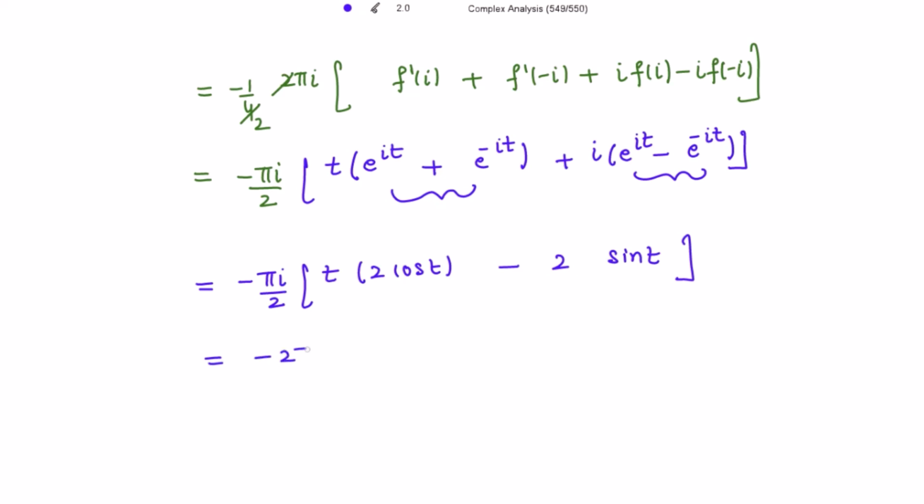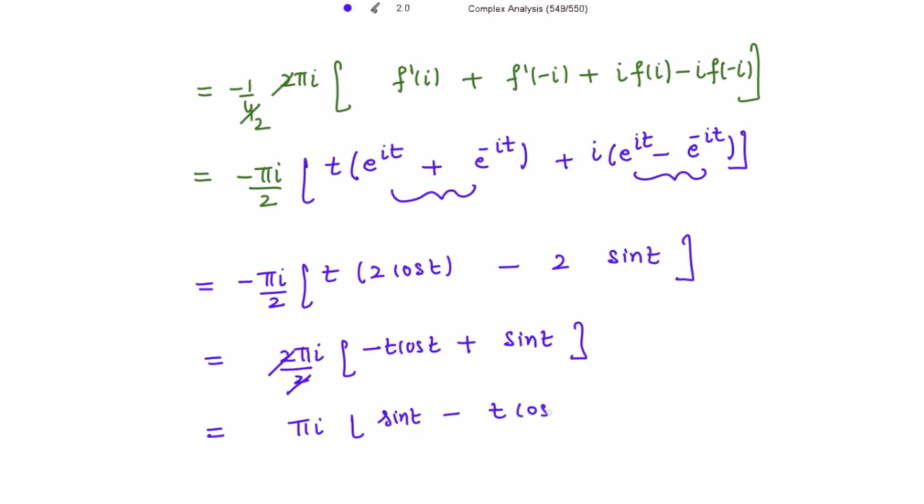So this is minus 2 pi iota divided by 2, and it is t cos of t minus sine of t. So these two cancelled out with this. Let's take minus inside. So we have here negative sign with t cos t and positive sign with sine of t. So this is pi iota into sine of t minus t cos of t.